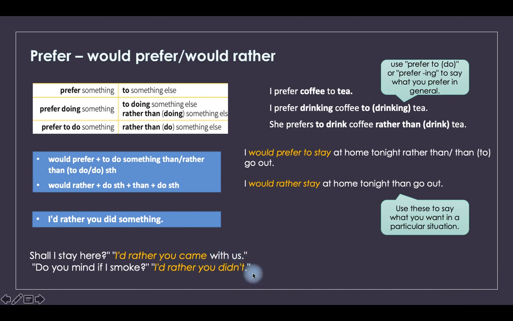So again, it's about your preferences. And the meaning here is, by the way, present or future. So it's not about the past. We use the past form here, I'd rather you did, yeah, but the meaning is in the present. Tercih ederim, bizimle gelmeni tercih ederim veya sigara içmemeni tercih ederim. Keşke içmesen.